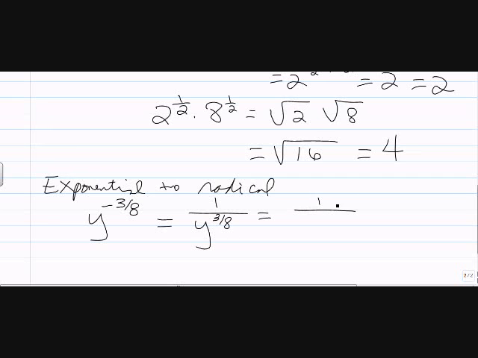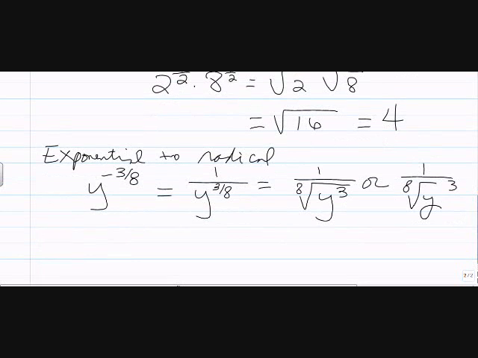The 8 becomes the root, and the 3 gets to be the exponent on the y. Or I can write this as 1 over the 8th root of y cubed. That 3 can be under the radical or outside it. Doesn't matter, the values are the same. You can leave it either way. They're both simplified. I just want it to become a radical in this case, so I just want to get rid of that fractional exponent.